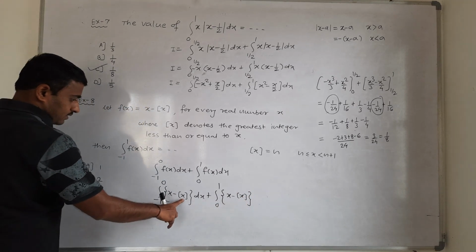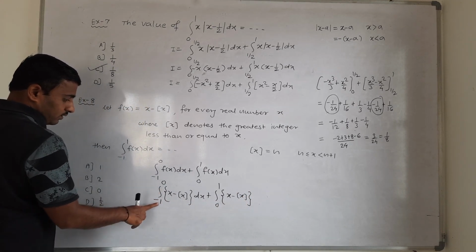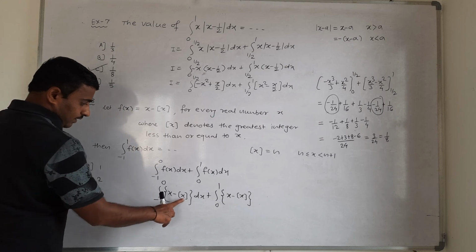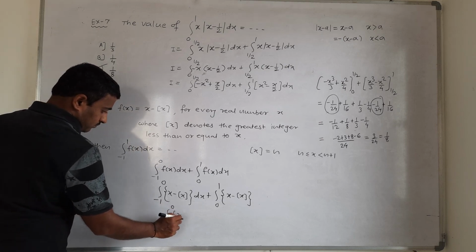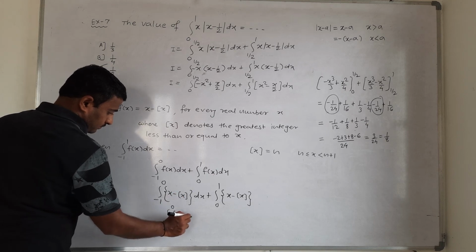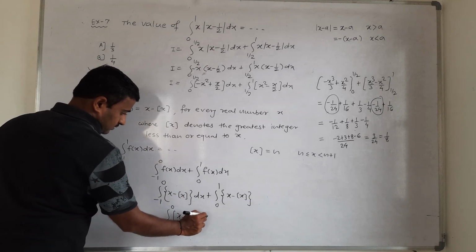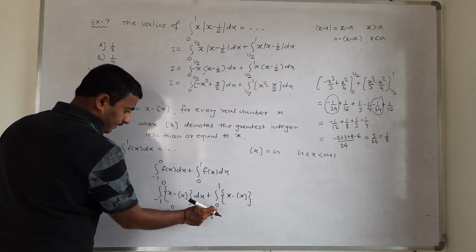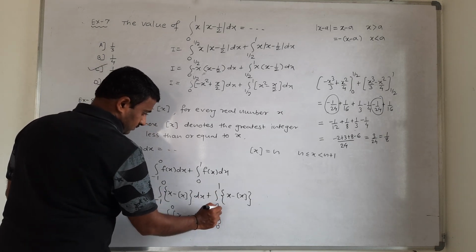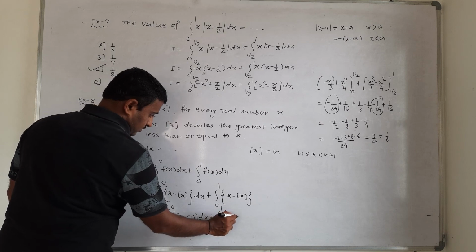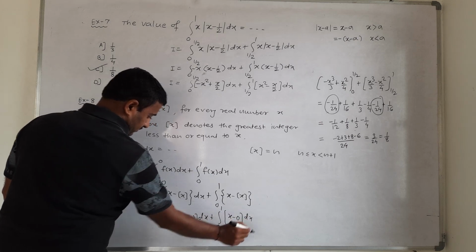Now its value in between minus 1 to 0, the greatest integer is minus 1, therefore its value is minus 1. Minus 1 to 0 of x minus minus 1 dx. For the second, 0 to 1, the greatest integer is 0, therefore 0 to 1, it is x minus 0 dx.